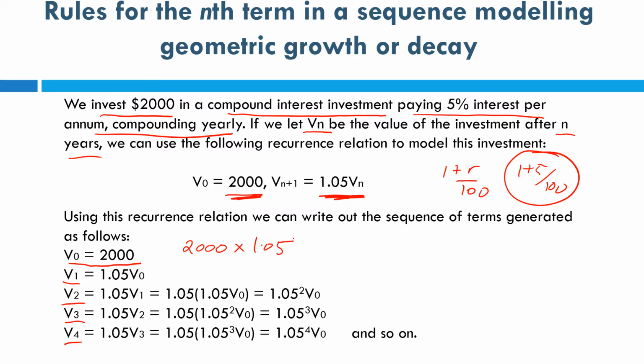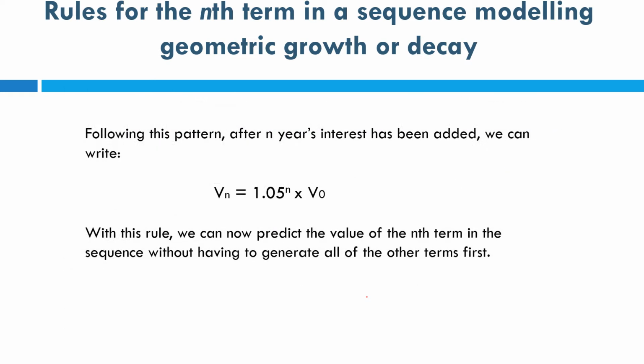To get our next term, by pressing enter, we're effectively saying 2,000 times 1.05 times another 1.05, which is the same as 1.05 squared. Each time we press enter, we're asking the calculator to continue to multiply it by 1.05. So that's where those powers come into play, and so on and so forth to generate those numbers.